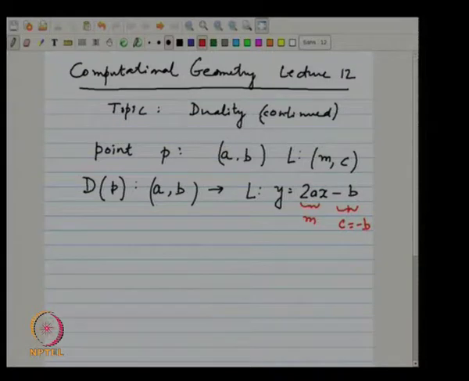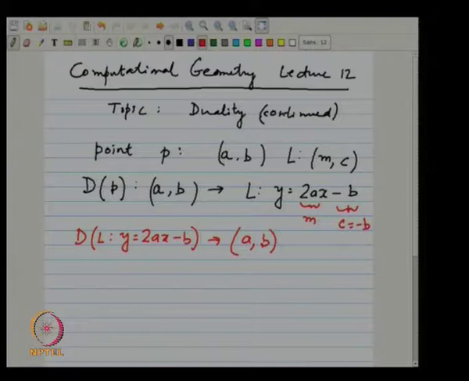And vice versa, D of L given by y equal to 2ax minus b will be mapped to the point (a, b). So, by definition this becomes self inverse. Self inverse property is verified by the way I have defined it.